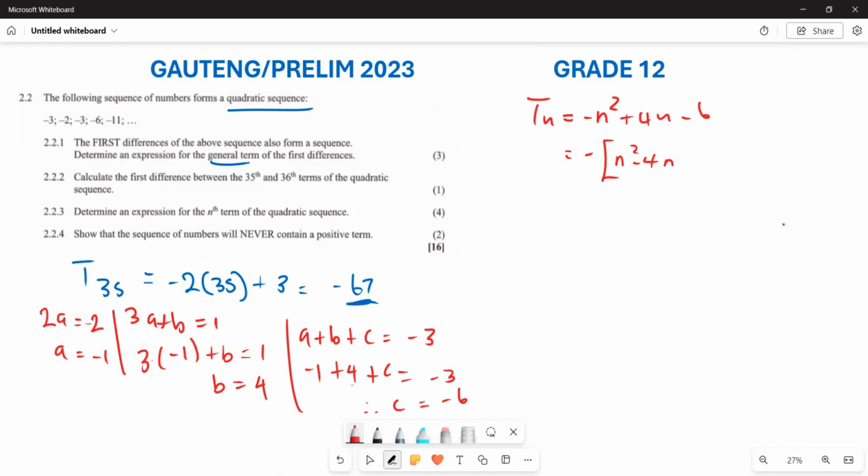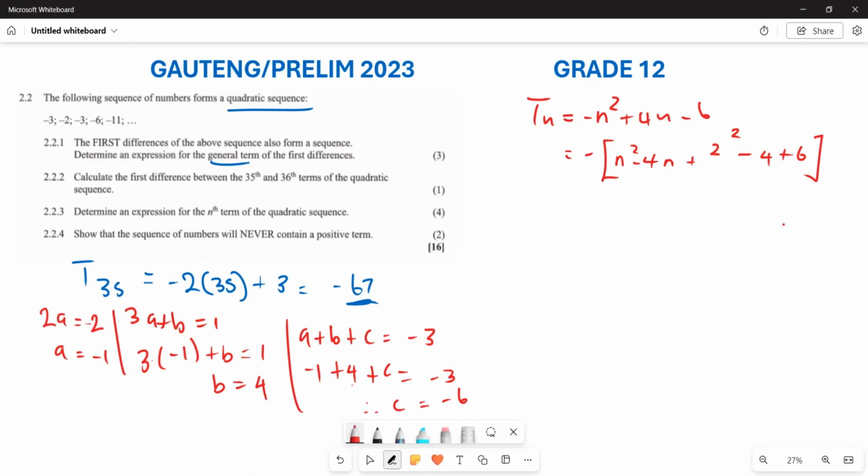And now, remember when completing the square, you divide by 2 here, so this is going to be plus 2 squared, subtract 4, plus your 6 altogether. So basically, it is going to be that.